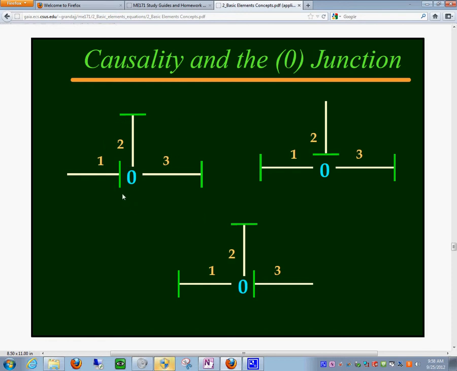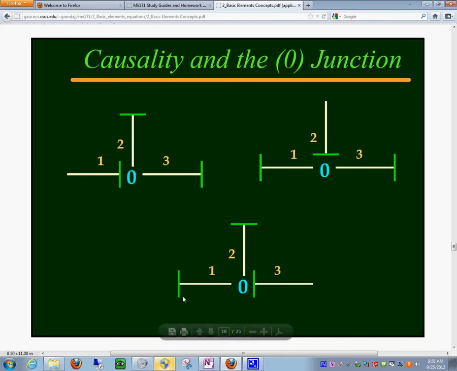So the effort is into the junction, all the efforts have to be out. So there can be only one and only one effort input on a zero junction. See, the effort input is here on number 2, and these are outputs. What's the effort input on this one?